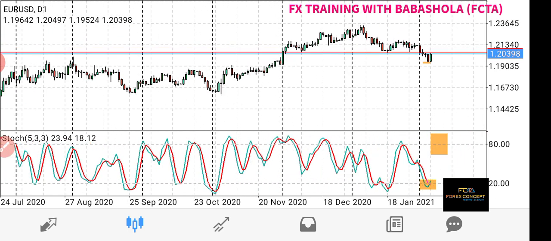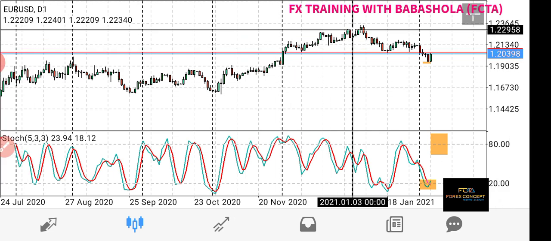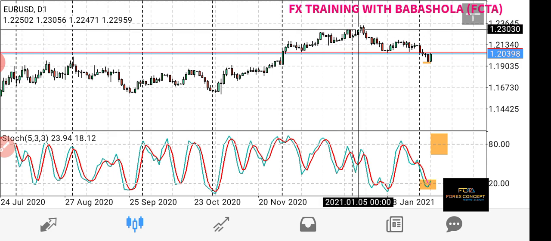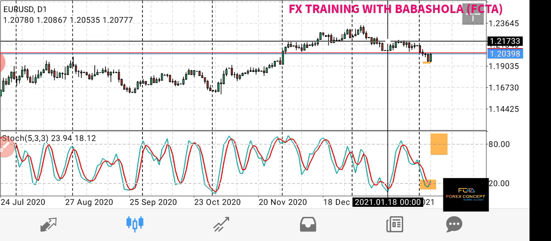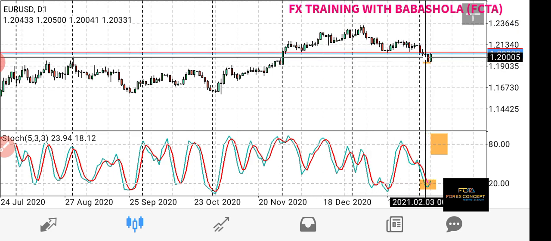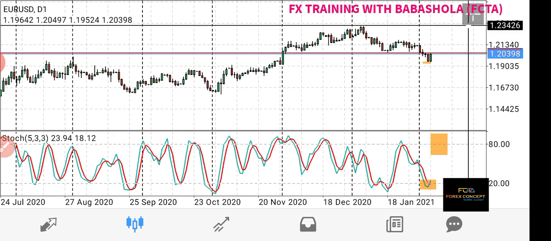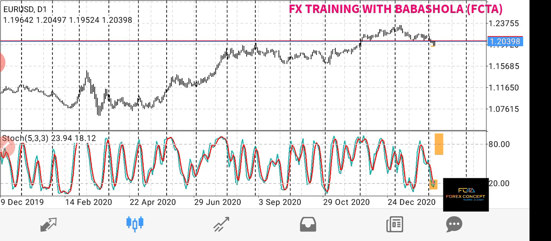This was the resistance region where price retraces. So price reached this point and then retraced to this point. So it means that price is retracing from the uptrend in the daily and weekly chart.